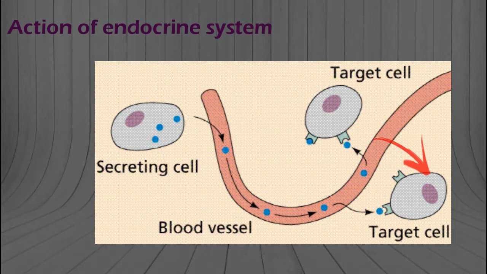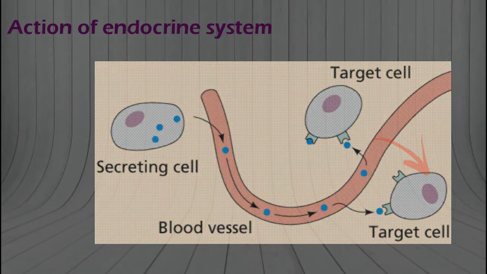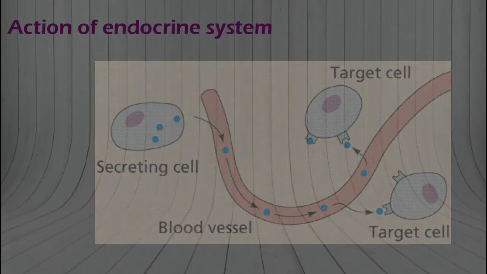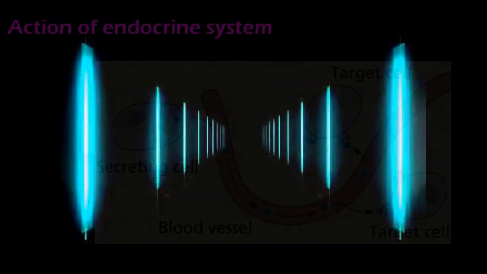The endocrine system is slower than the nervous system, because the hormone has to be synthesized, move to its target cell, and then enter or signal the chosen cells. After that, the target cell has to go through transcription, translation, and protein synthesis before the action of the hormone can be observed.